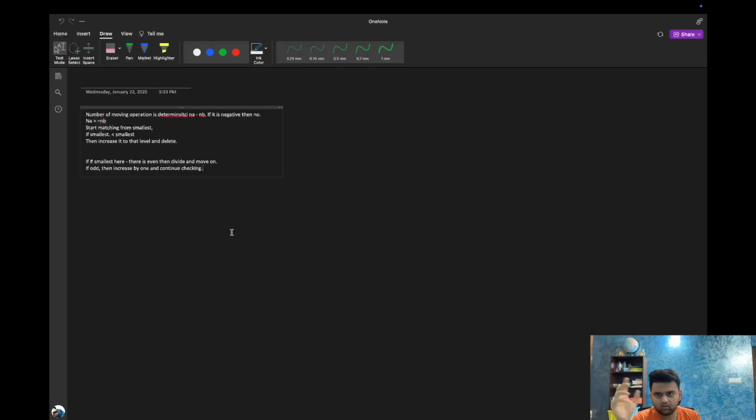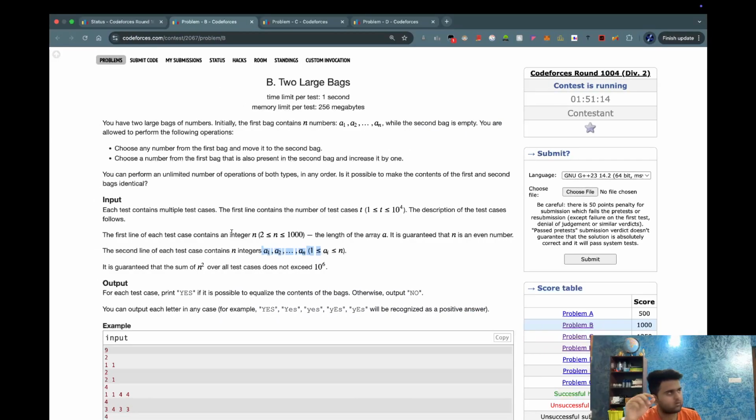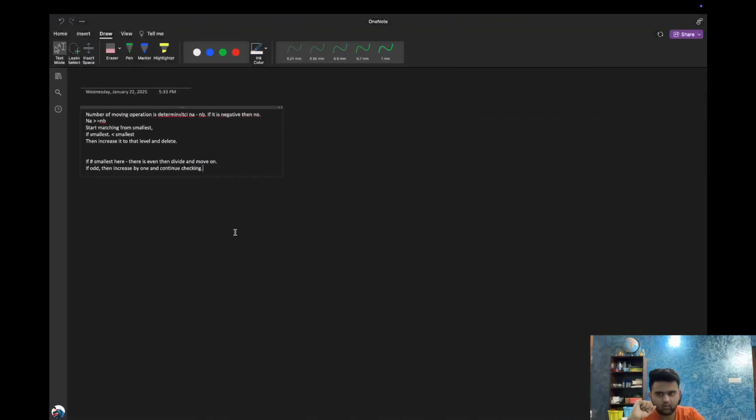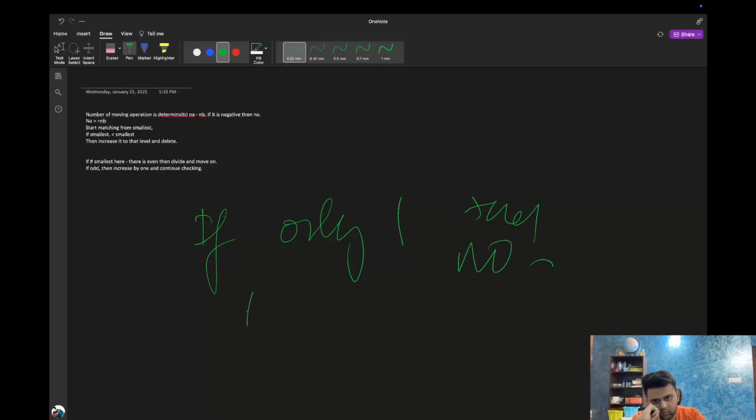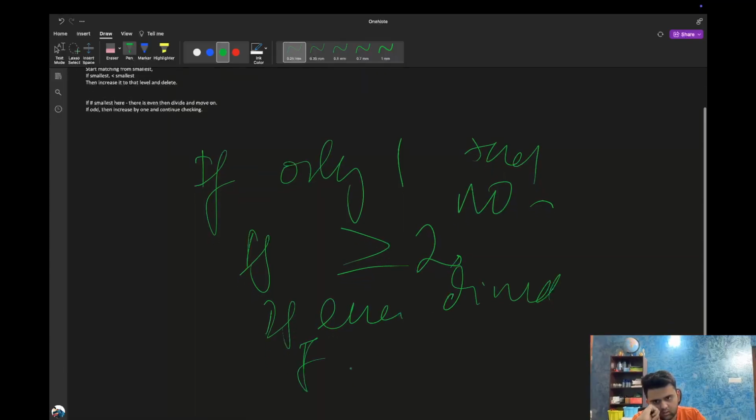So in mod, if it's only 1, then no. If greater than or equal to 2, if even, divide. If odd, put replacement upwards.